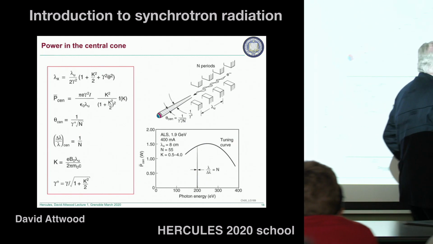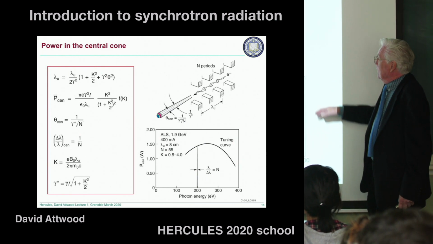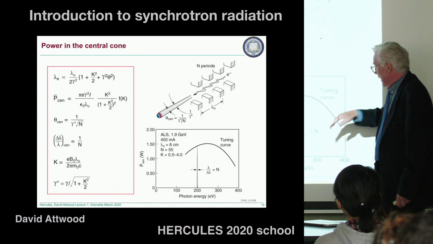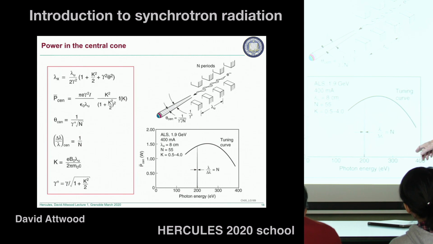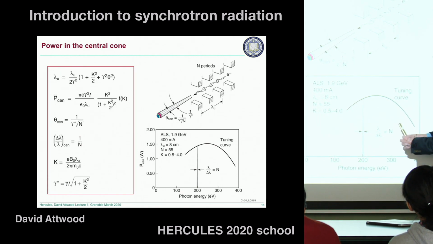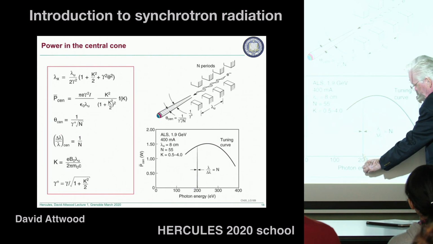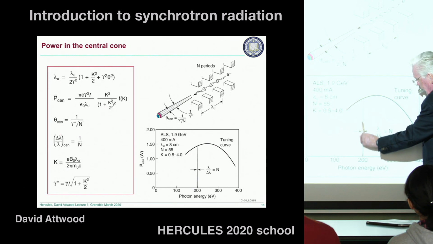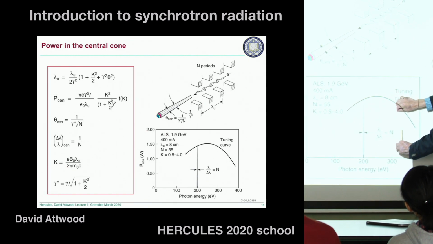Okay, so this tuning curve, by the way, some people caught yesterday. So these are the equations and everything, and I said this is the tuning curve. This is how much power you're getting at the different photon energies. This is actually what you're going to get. You're going to get power, let's say at 200 eV, but if you open or close, this line moves along here.